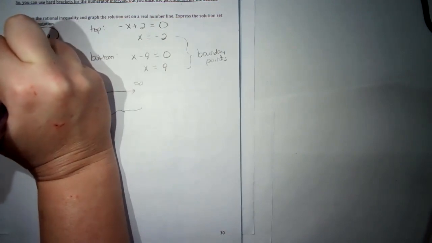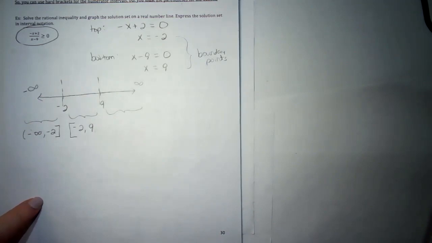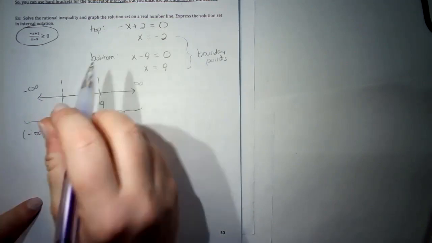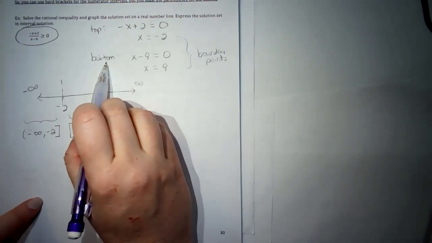So what kind of an enclosure does the inequality tell us to use? A hard bracket. Here's where it gets strange. Now we're going to go from -2 to 9. -2 came from the top, so we're going to use a hard bracket because that's what the inequality said to use. But the 9 came from the bottom.